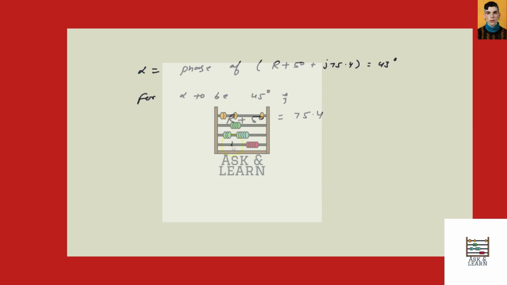Then the resultant R equals 25.4 ohm. So this is the value of resistance at the phase shift of 45 degree.